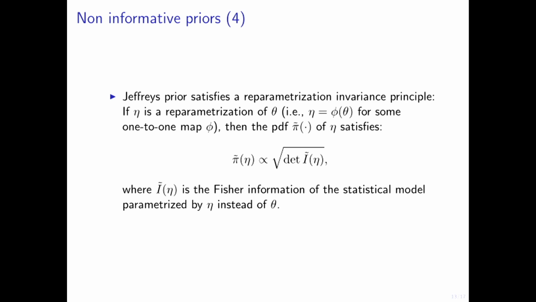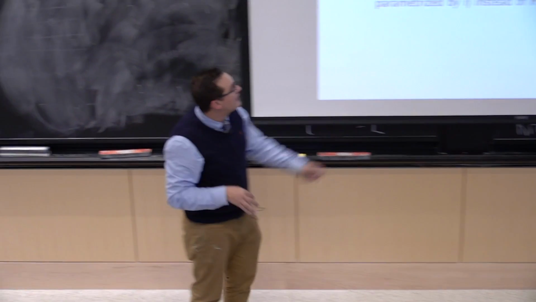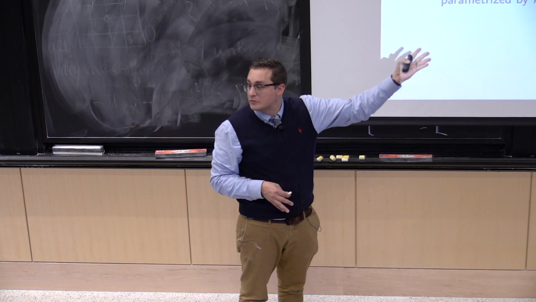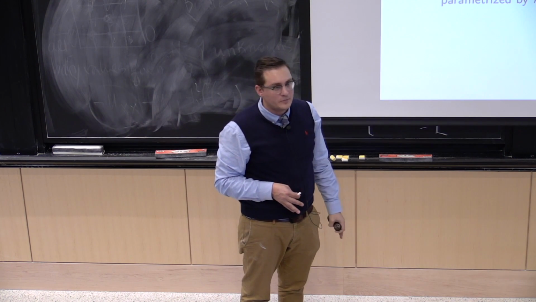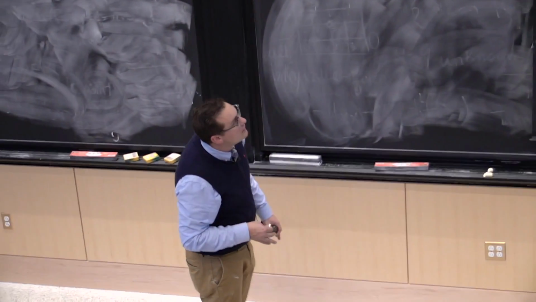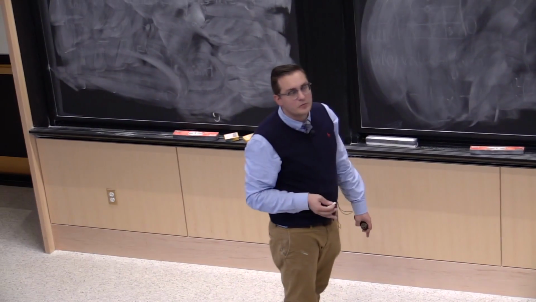So it's essentially telling you that for this new parameterization, if you take Jeffreys prior, then you go back to having exactly something of the form square root of the determinant of the Fisher information, but this time with respect to your new parameterization. All right, and so why is this true? Well, it's just the change of variable theorem, right?